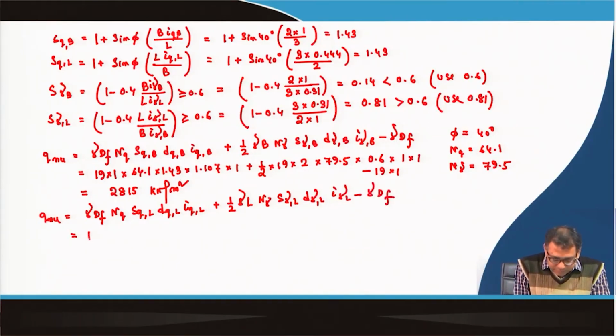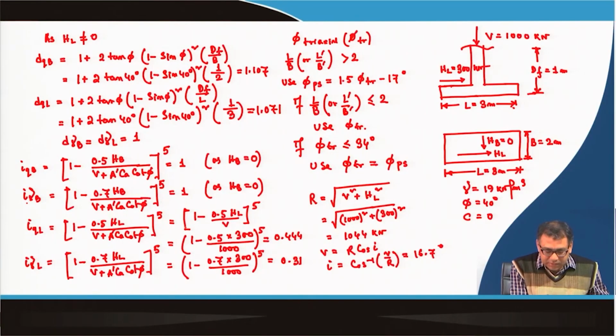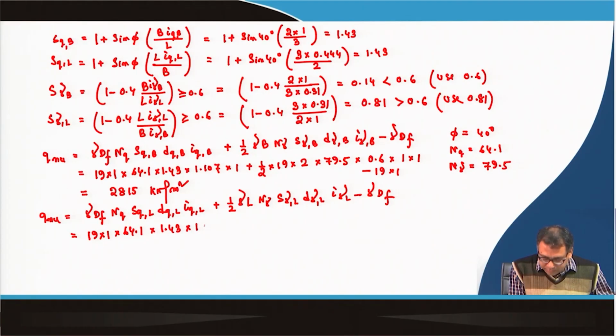So, I will put this value 19 into 1 into 64.1 into S_qL, which is 1.43, then D_qL is 1.071, then i_qL is 0.444.